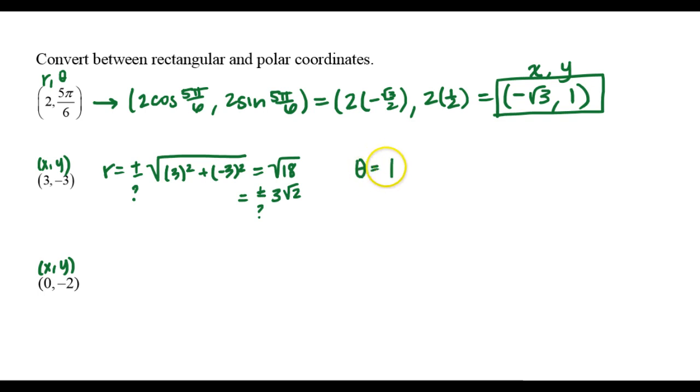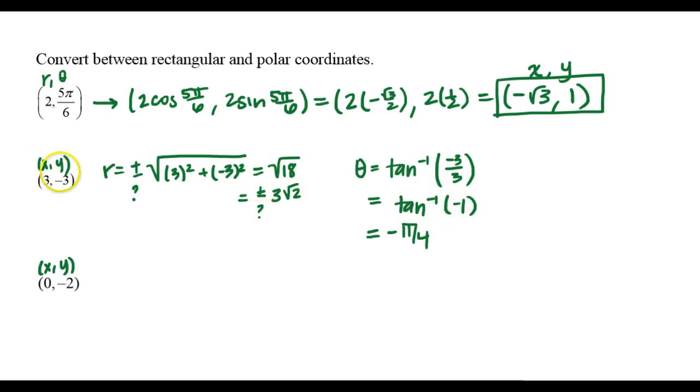So the angle is going to be tan inverse of y over x, so negative 3 over 3, and tan inverse of negative 1. So this goes back to a little bit of pre-cal. What do you have to plug into tan to get out a negative 1? The answer to this is negative pi over 4. So negative pi over 4 is the solution to tan inverse of negative 1.